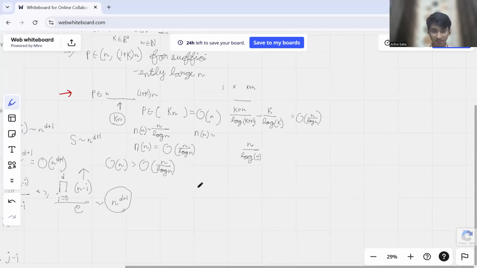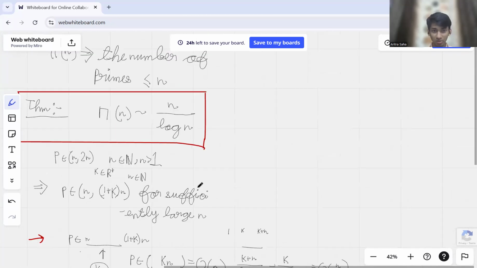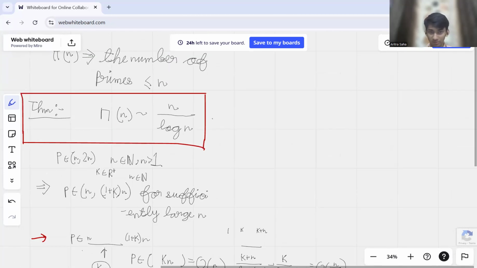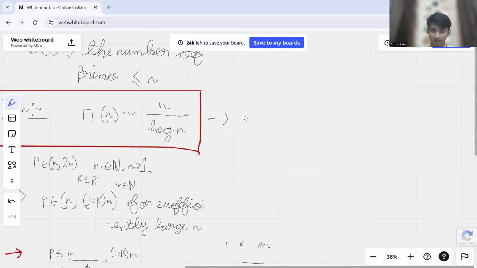Now there is an interesting fact. You can try to use the prime number theorem to prove Rosser's theorem, which is actually not well known: that the nth prime, denoted Pn, is asymptotically n log n. So you can take the constant factor as 1 now, C is 1.